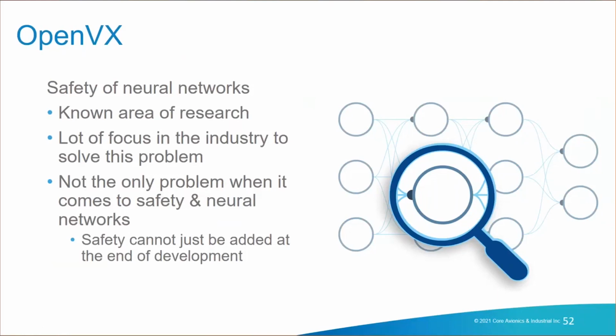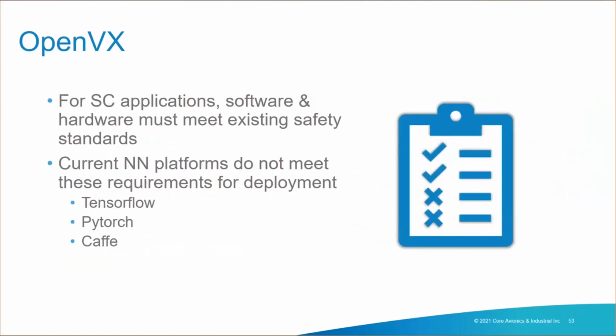Because if you look at neural network frameworks today, like TensorFlow, PyTorch, Caffe, they rely on large software stacks, including Python, CUDA, OpenCL. Using this technology right now is not certifiable, doesn't have guarantees about execution time, doesn't have guarantees about resource usage. And so even if you did manage to prove that the neural network was safe, you would never be able to deploy it in a safety critical system.